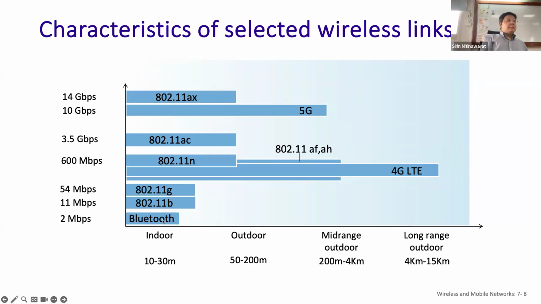Wi-Fi has versions as well. So you have B, G, N, A, C, A, X. The more recent the versions, the more bandwidth you should expect, because the technologies keep getting better and better.